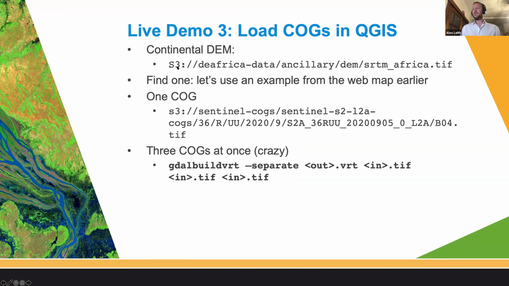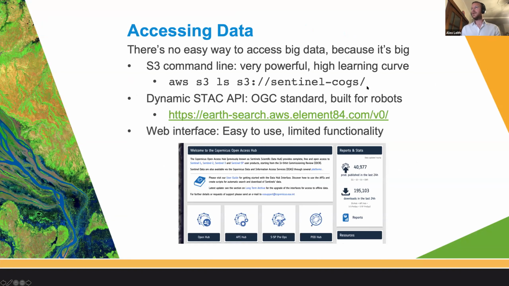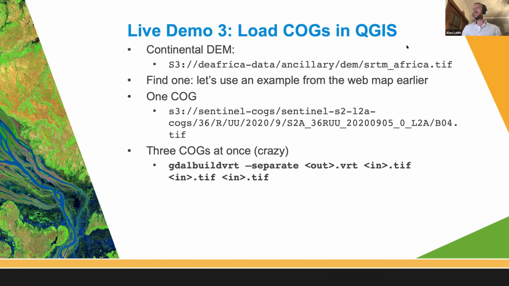Now you can use a command line to explore these buckets full of data. You can use an API, and so there is a STAC API that Matt Hansen from Element84 maintains on top of this data, and you can search data that way. Or you can start using web interfaces. Each of these has their different pros and cons. Whatever works for you is the right way to do it.